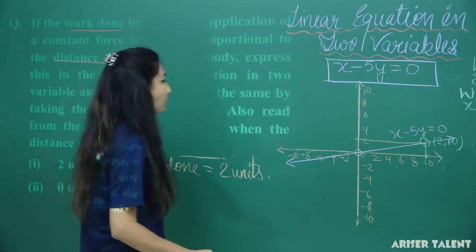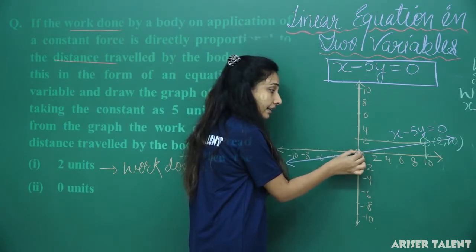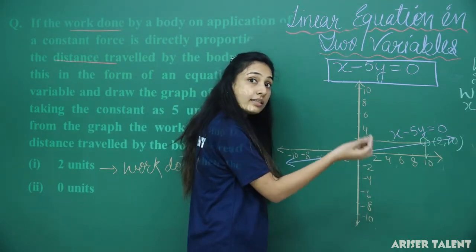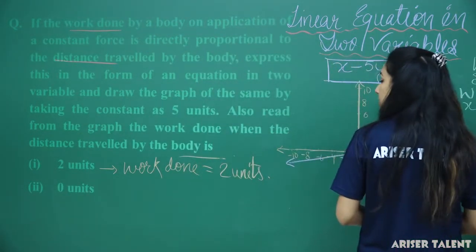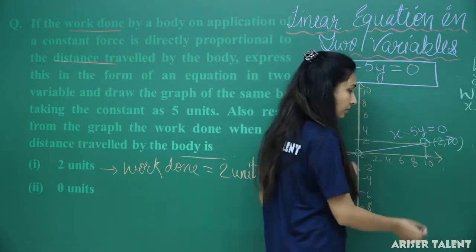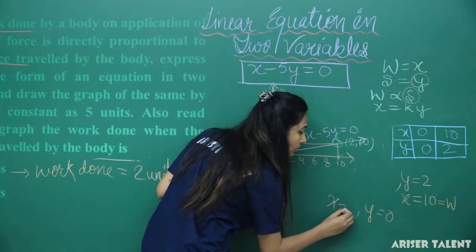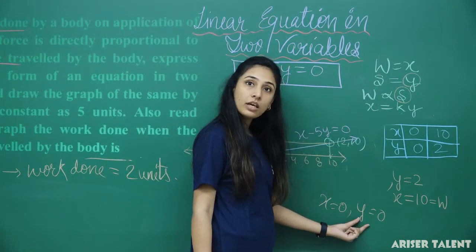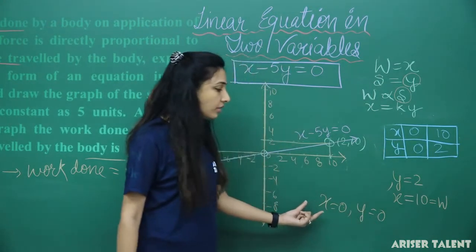Now look here in the graph, at x equals to 0, y equals to 0 and at y equals to 0, x equals to 0. Now it's asking about the work done, when the distance travelled is 0.